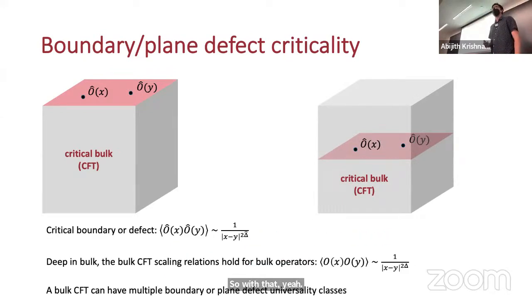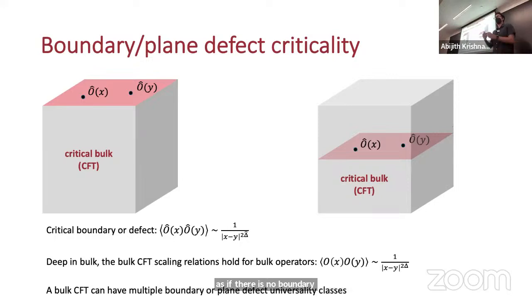So the boundary criticality and bulk criticality somehow the relation hold. How do you mean precisely? So if you take operators O(x) and O(y) that are very far away from the boundary, the correlation function looks as if there is no boundary.